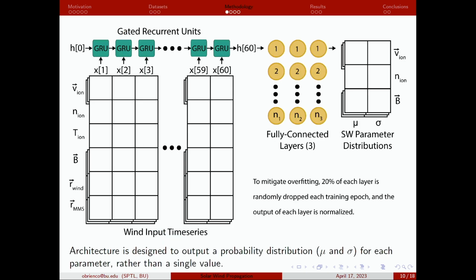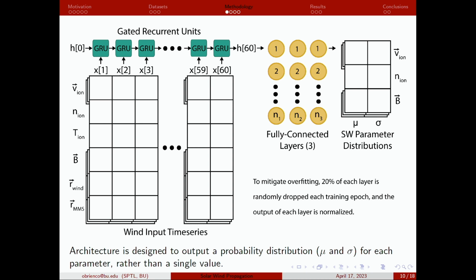The architecture that we utilized here is based on gated recurrent units, or GRU. These are a very well-tested, some would say old, architecture, where we step through these 60 units of the wind time series with this GRU network, and then we feed it the features that the GRU identifies to a 3-layered, fully connected network shown in gold.